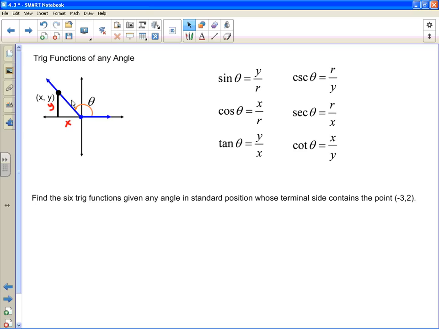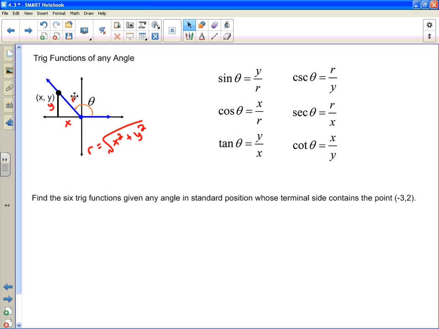And this side over here we're going to call r because we're foreshadowing the whole unit circle thing. It turns out that we can write our trig functions like this. Sine is y over r, cosine is x over r, tangent is y over x, and so on and so forth. So r equals, using the Pythagorean theorem, the square root of x squared plus y squared.